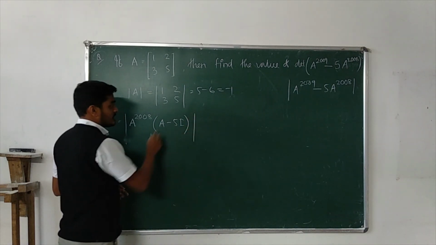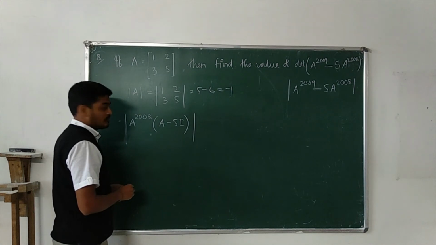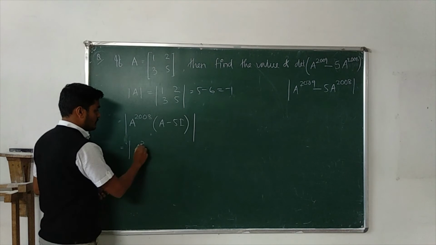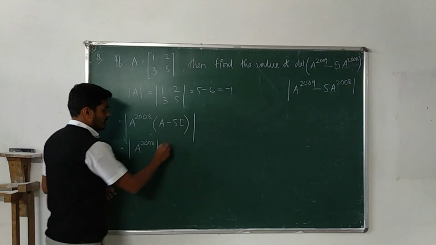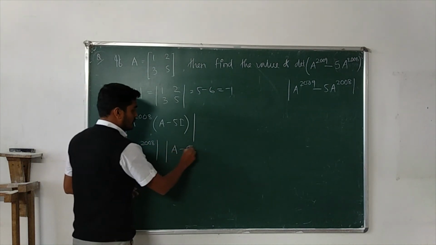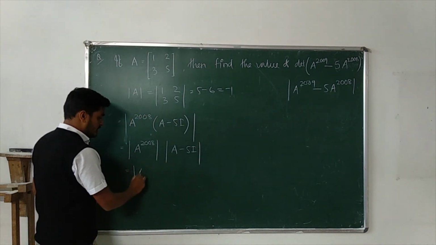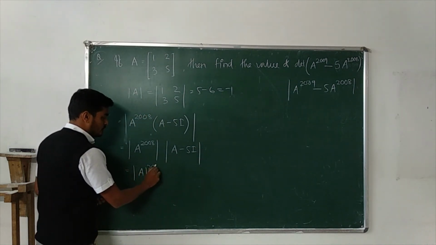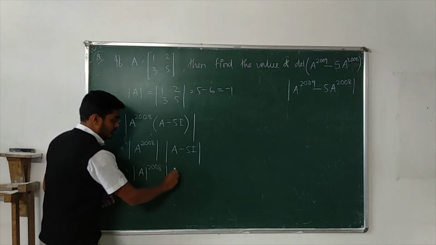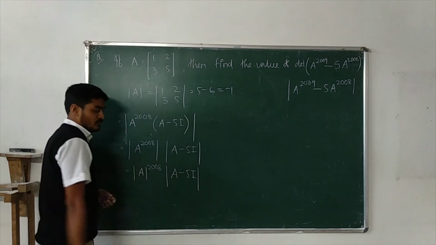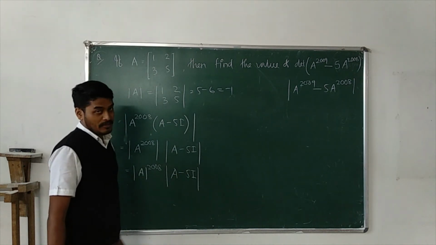So the expression will be A minus 5i. So this expression is equal to A to the power 2008 into A minus 5i, and it can also be written as determinant of A to the power 2008 into determinant of A minus 5i. Next we will try to find the value of A minus 5i.